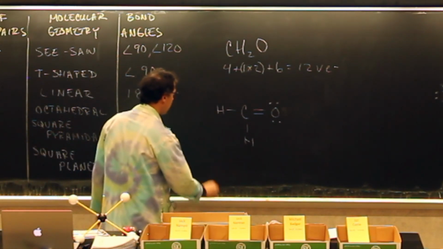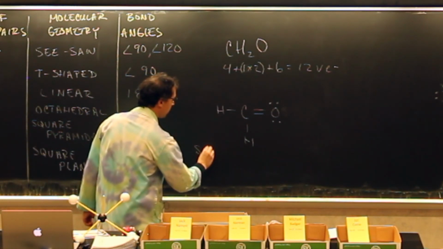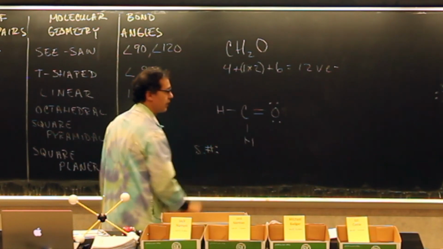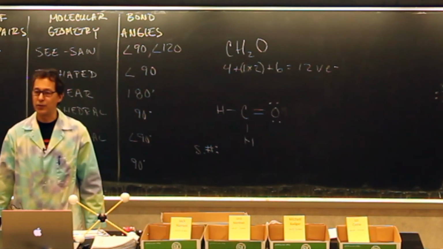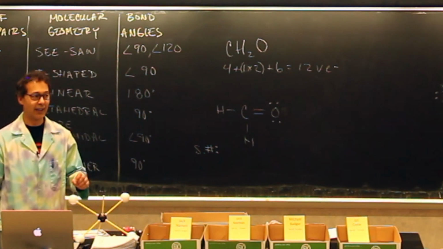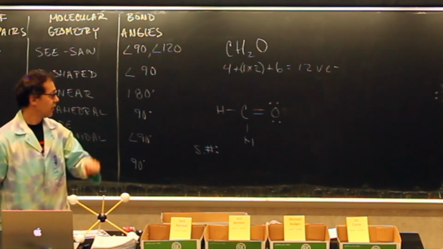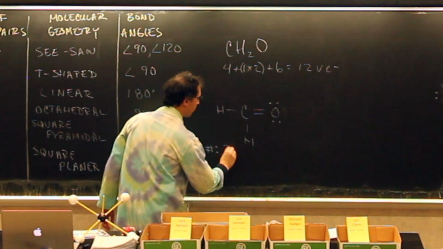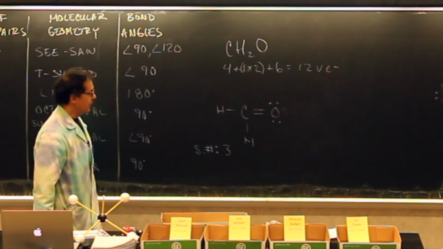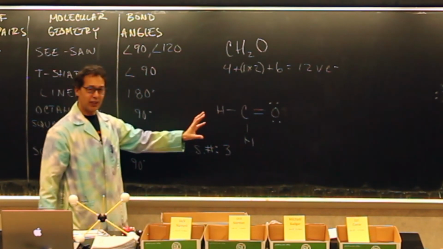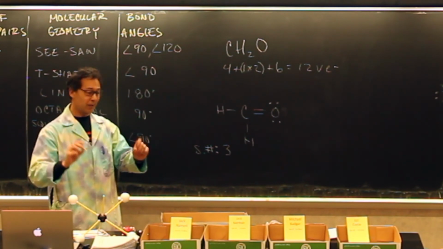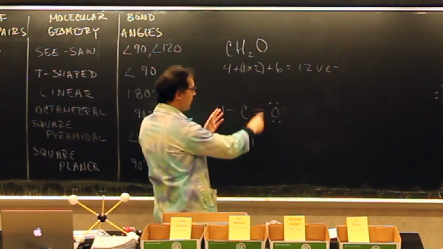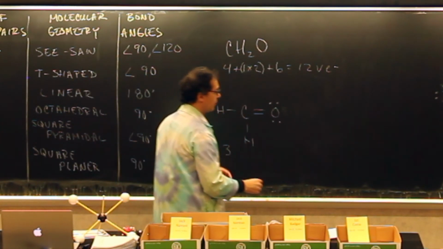So now that I've done that, what is my steric number for this molecule? It's 3. We count this as one thing, even though it's a double bond. So my steric number is 3. And so if I were to draw this a little bit better, maybe, what I do is I try to make these bond angles equal.